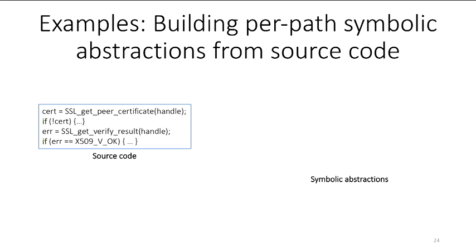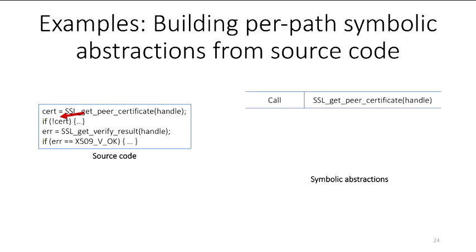Here is a sample code showing how we build a per-path symbolic abstraction from source code. First, in the source code, it calls SSL_get_peer_certificate. This call is recorded in the symbolic abstraction. And it checks whether the result is non-null or not.